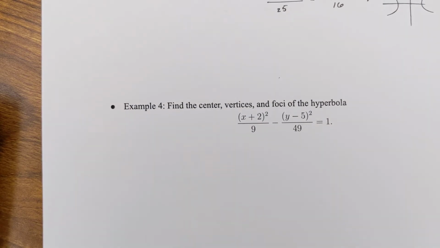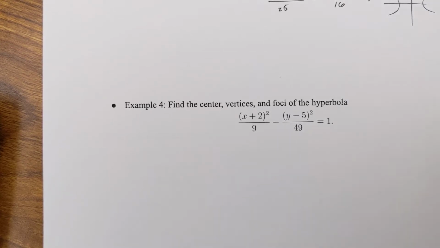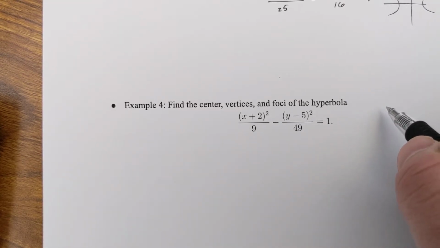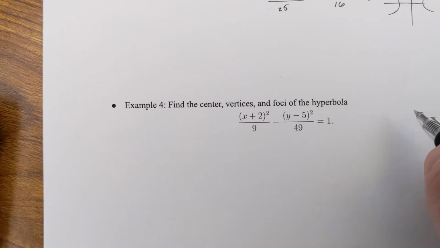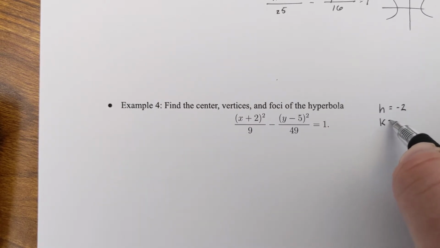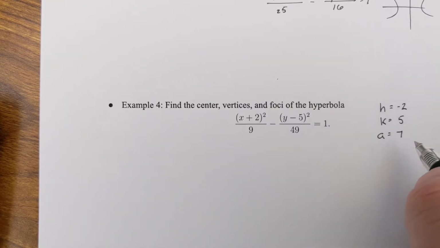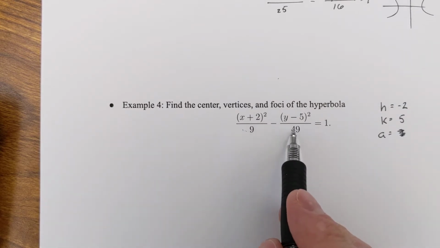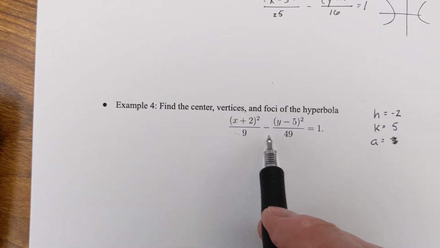Okay, find the center, vertices and foci. So the center lies at (h, k). Let's list our variables over here. So h is negative 2, k is positive 5, a is 7. No, it's not, because these are a and b. For a hyperbola, a is always first.